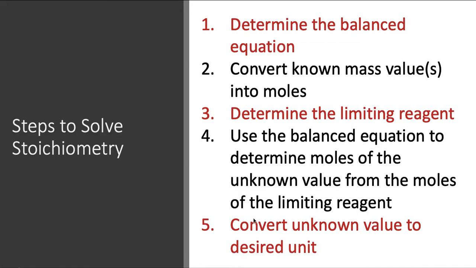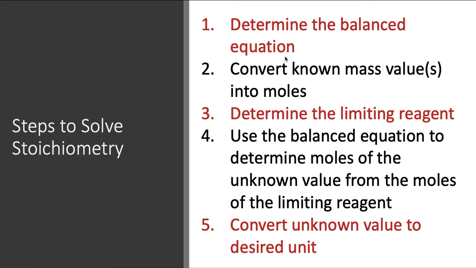Here are the steps. This is the general outline of the steps that we need to go through to solve stoichiometry problems. You may not need to use these steps every time that you do a stoichiometry problem, but it's a thorough list. And for some problems, you'll have to go through all of these. And for some others, you may start here and do just 4 and 5, etc. The first thing that you need to do is to determine if the equation is balanced.